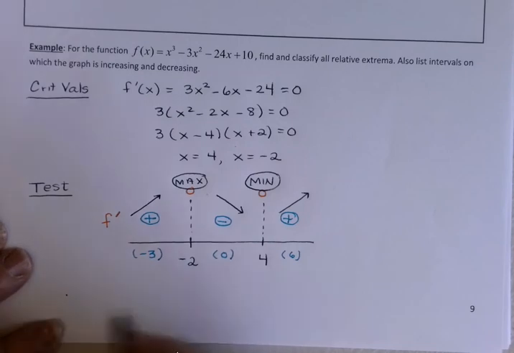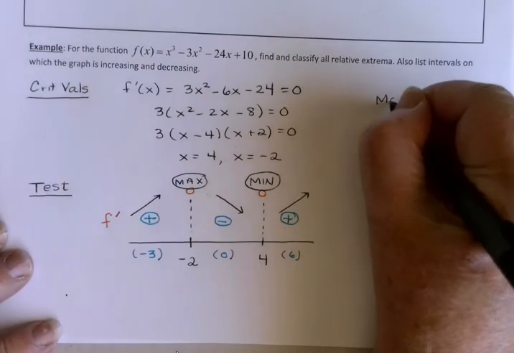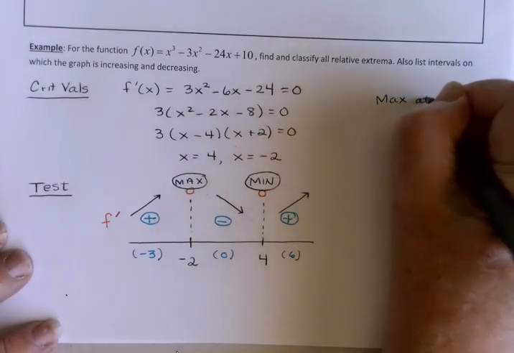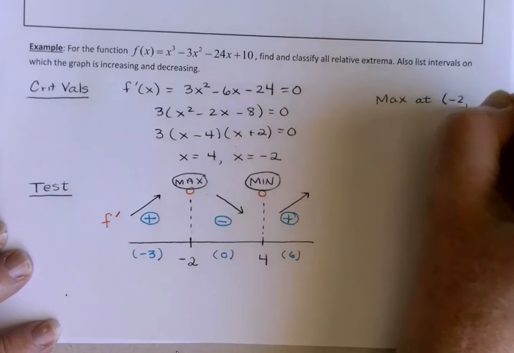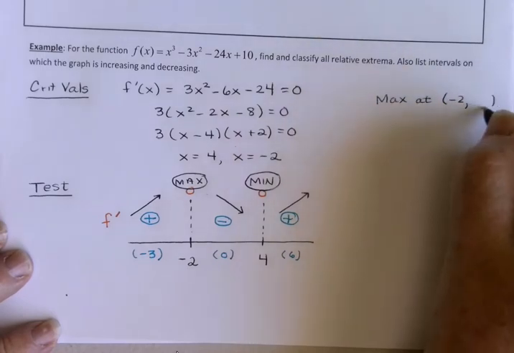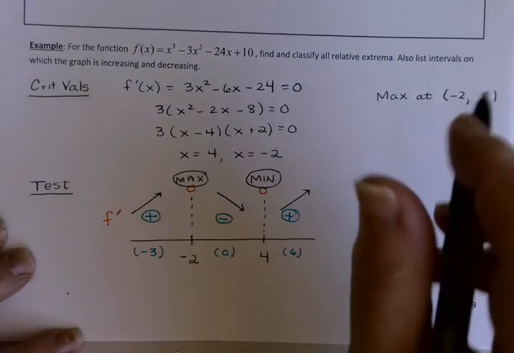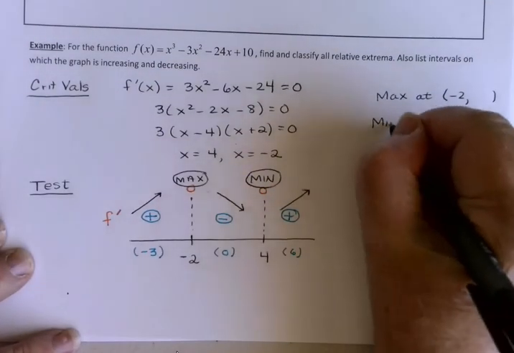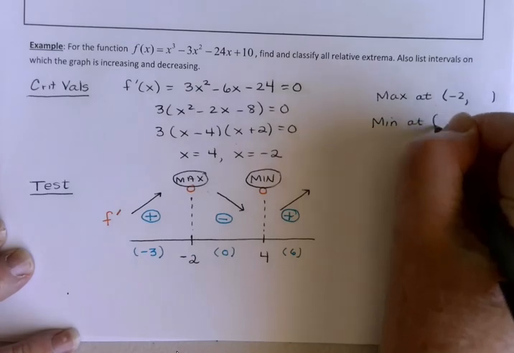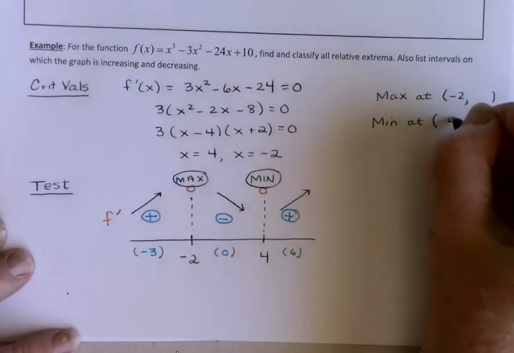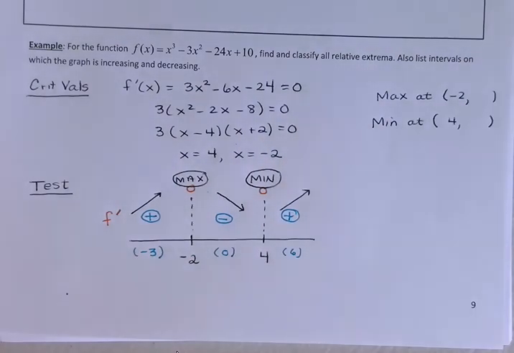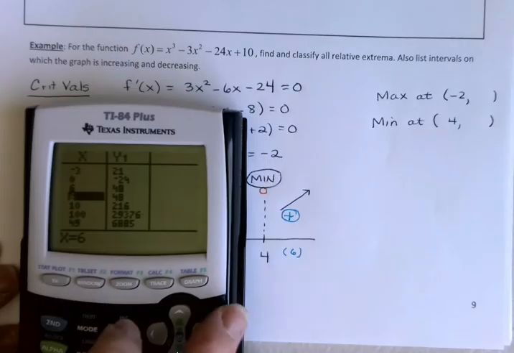So I will start with that information. We can get the actual point just by getting the y value. I'll plug -2 back into the original function. I'll do that in just a minute. And then a minimum at 4 comma whatever the y value is.